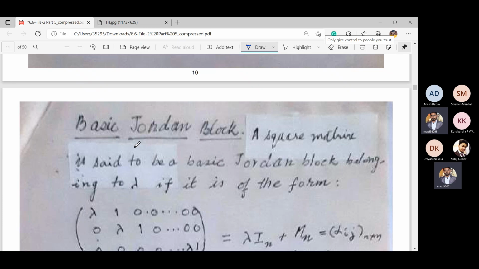in the correct manner. The basic Jordan blocks. So what does a Jordan block mean? We are trying to find a representation of a linear transformation in terms of a matrix, and see whether something can be done up to uniqueness, or whether we can characterize some transformation.